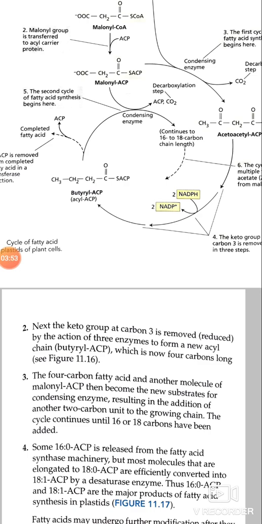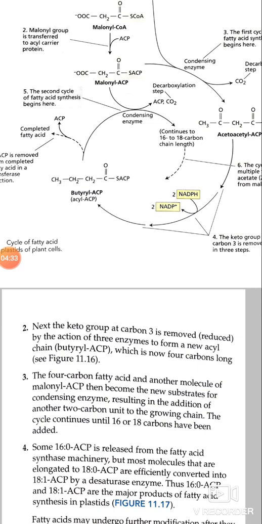The next step is the 4 carbon fatty acid and another molecule of malonyl ACP become the new substrates for the condensing enzyme, resulting in the addition of another 2 carbon unit to the growing chain. The cycle continues until 16 or 18 carbons have been added.